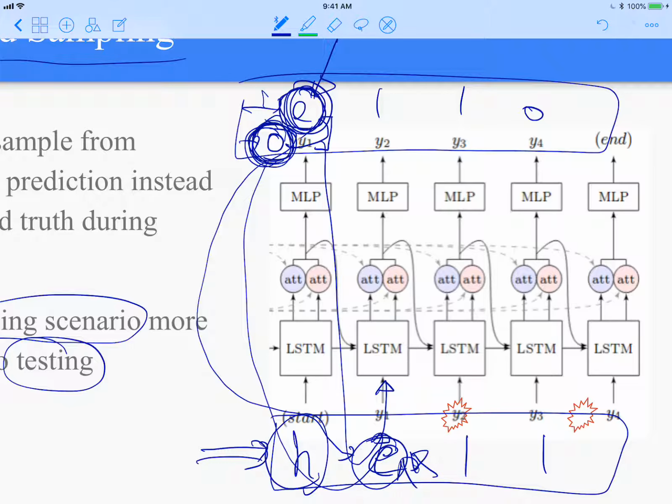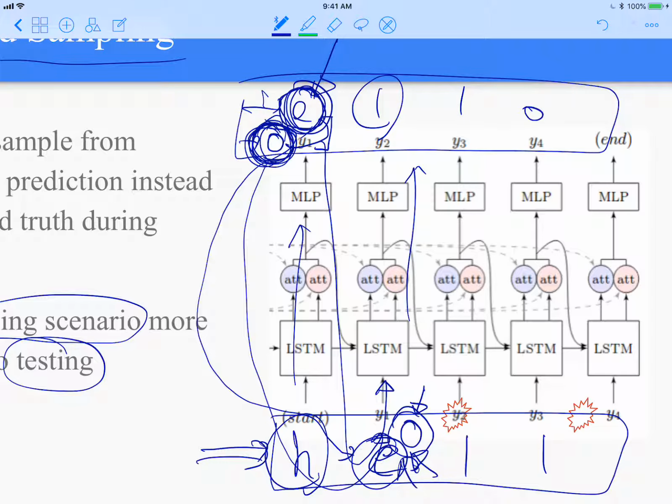if H was given and then it wrongly generated O, and then the next output is O, it has to take into account this input token, but it will be really confusing to generate the L after observing this O as the previous token, right?